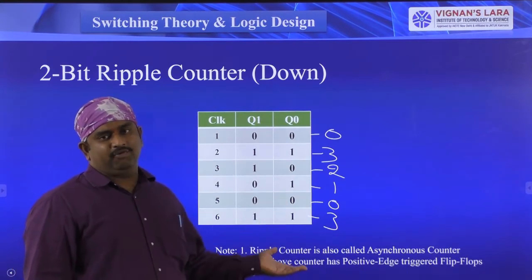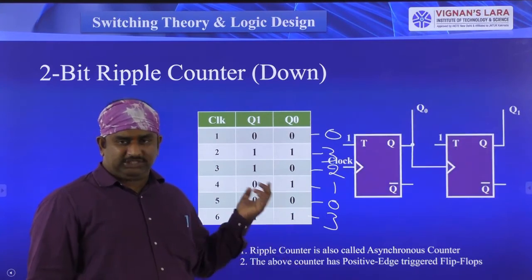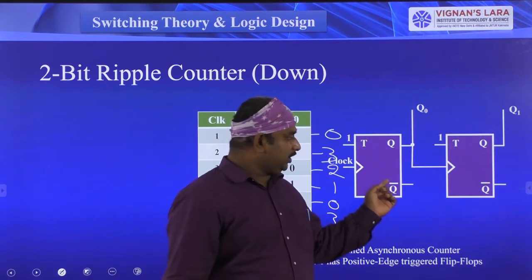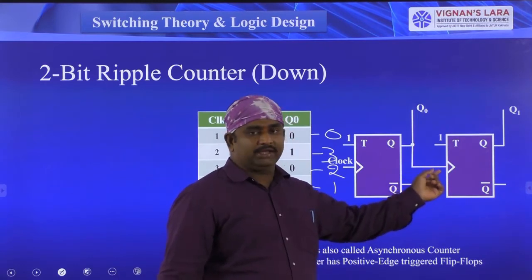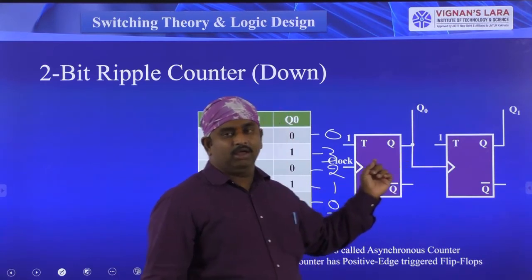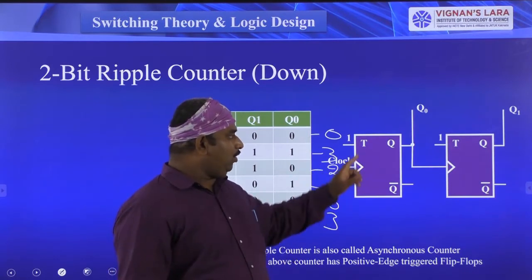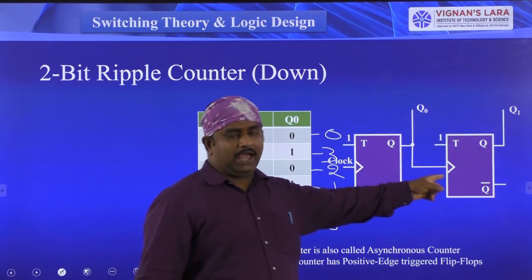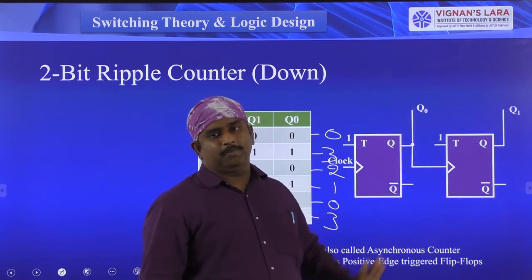If you want this type of counter, you have to change a small connection. In the previous concept, in the up counter, we took the Q bar signal and connected it to the clock signal. Now I have taken the original output, that is the Q output, and connected it to the second flip-flop clock signal.